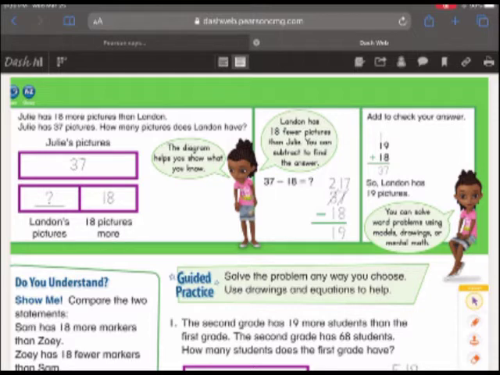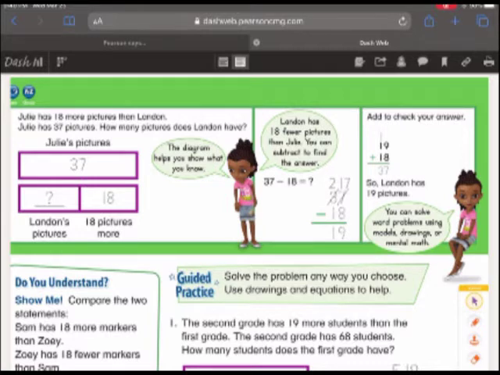So there's our equation, 37 minus 18. Looks like we had to regroup, and we got 19 for the number that represents Landon's pictures. That means Landon has 19. Then we can add to check our answer, and we should get 37. So Landon has 19 pictures.